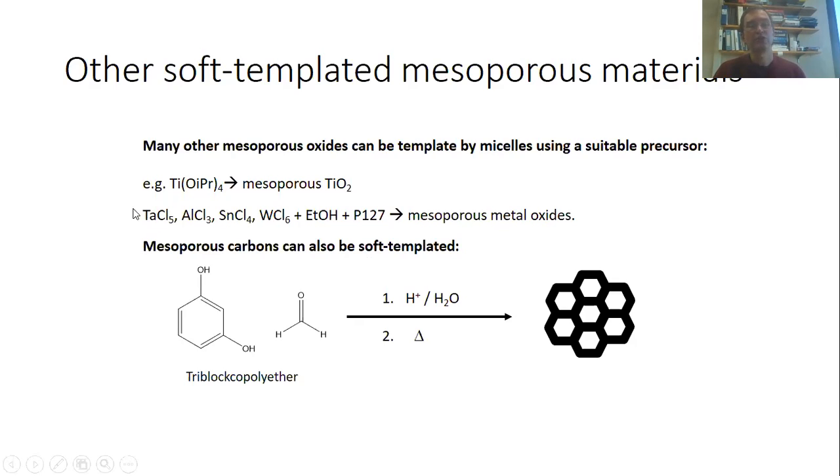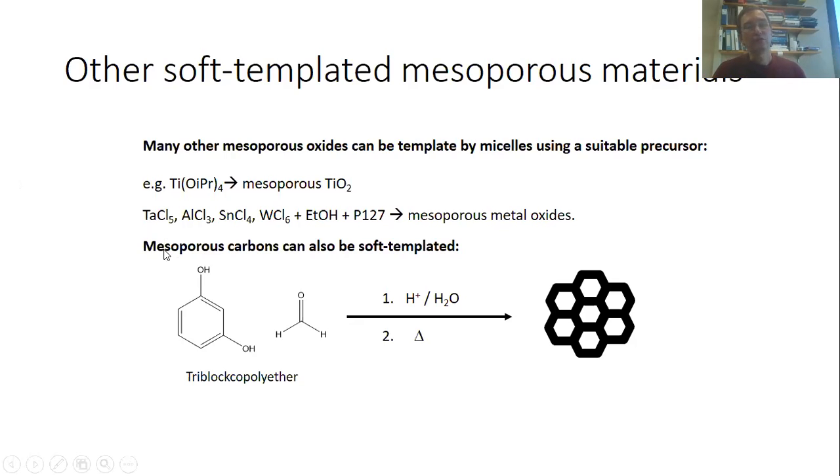So here, just a few other examples of tantalum, aluminum, tin, tungsten, all have been successfully self-assembled into mesoporous oxides.